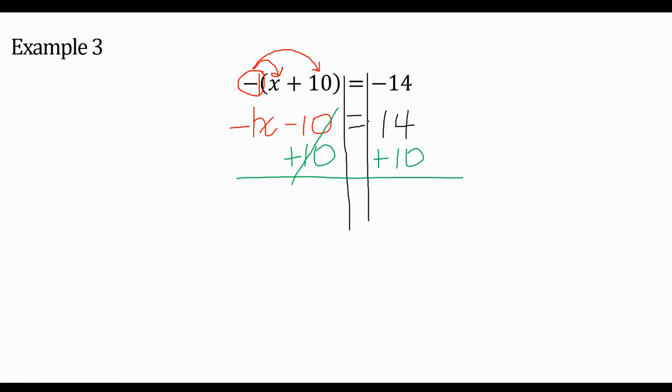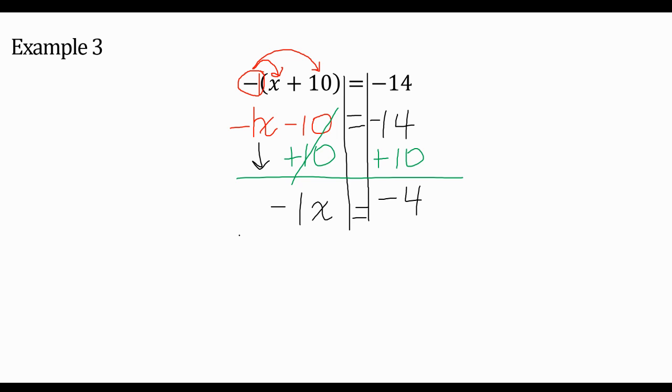See, that's why it's important to always check your work. Okay, so -14 plus 10 is going to give us -4. And I'm going to bring down this -1x equals. Okay, so our 10's canceled out here, and then -14 plus 10, they're different signs, so you subtract to keep the sign of the larger, you get -4.